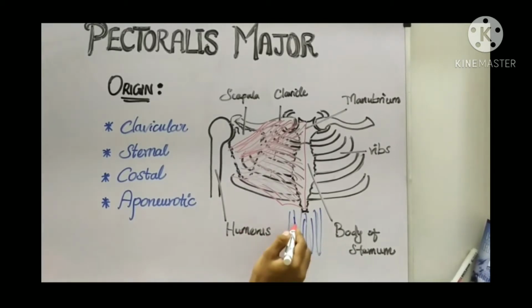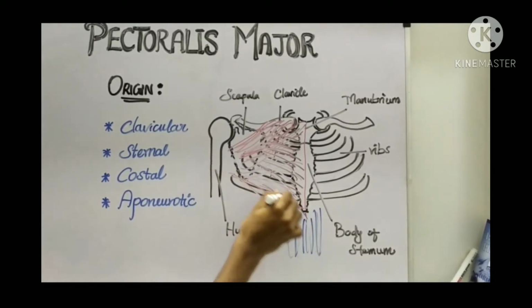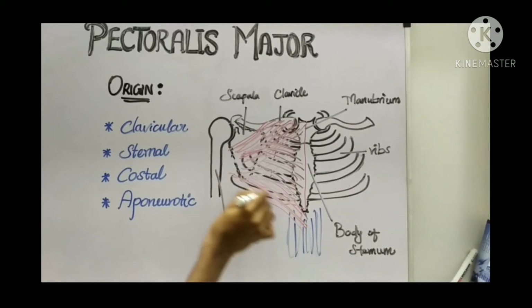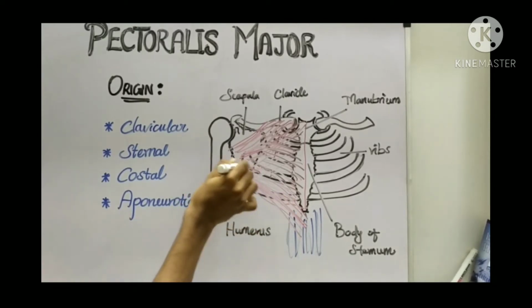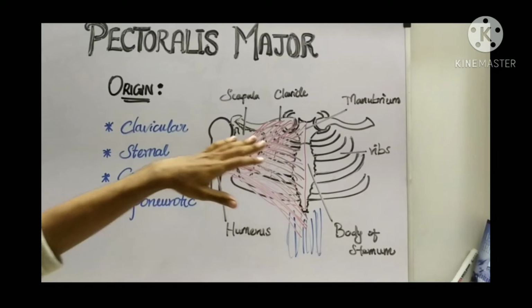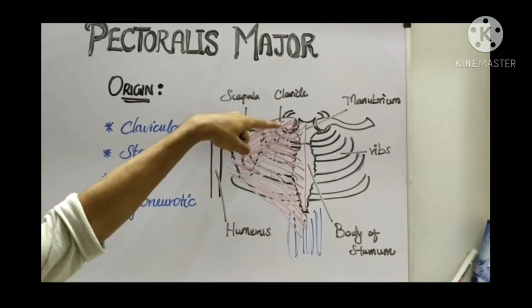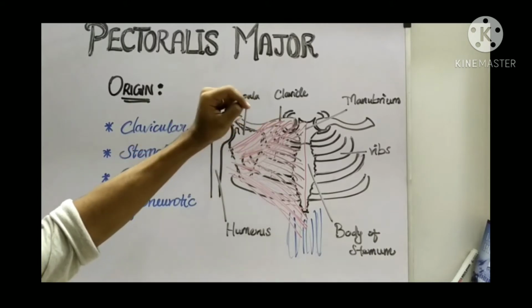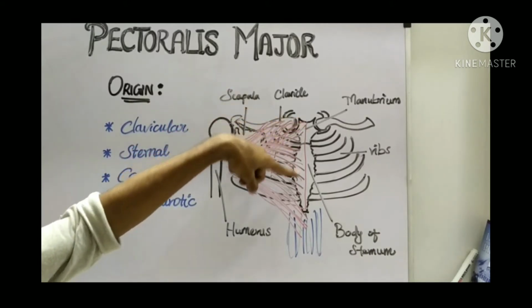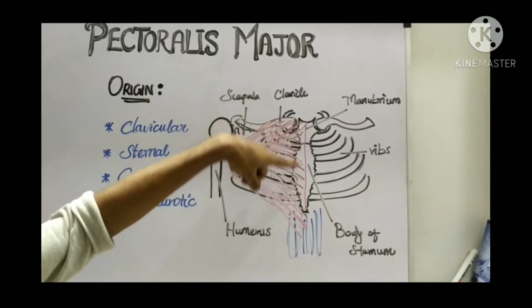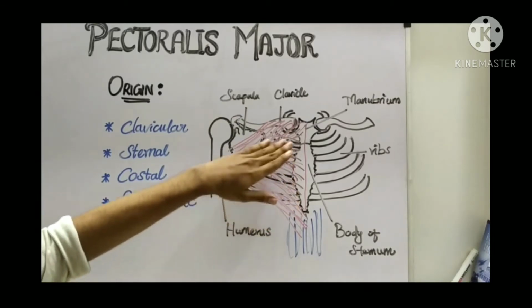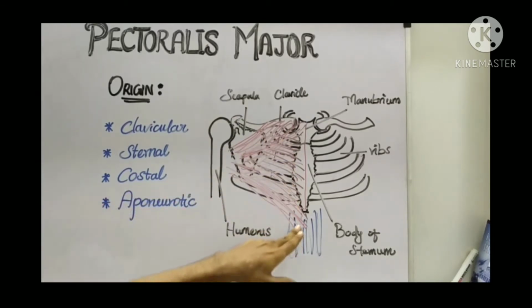From here the aponeurotic fibers also come. So this is how it takes origin: from the medial part of the anterior surface of the clavicle, from half of the manubrium and body of the sternum, from the medial ribs, and then the aponeurosis of the external oblique.